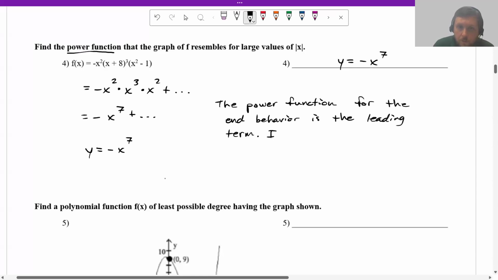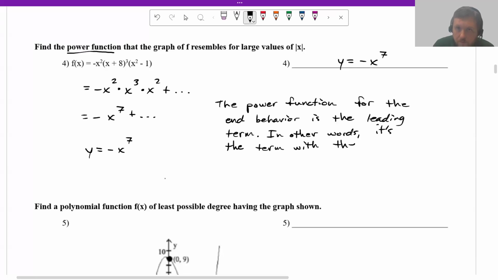In other words, it's the term with the highest degree.